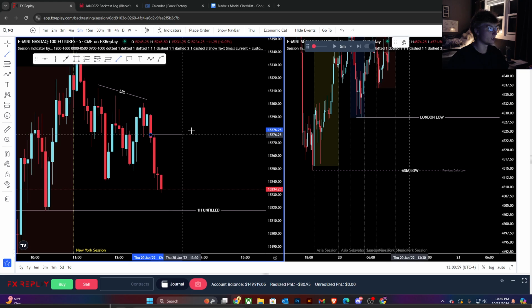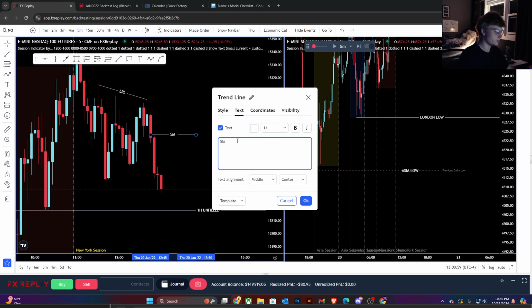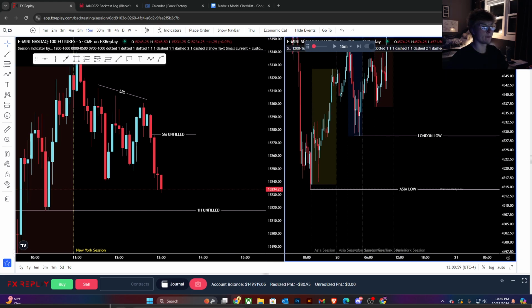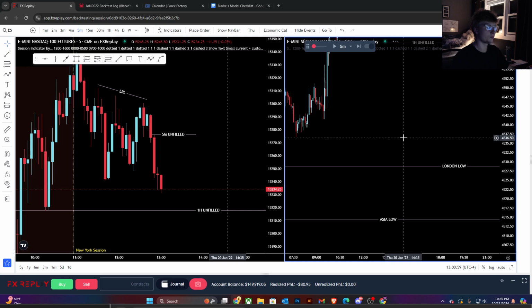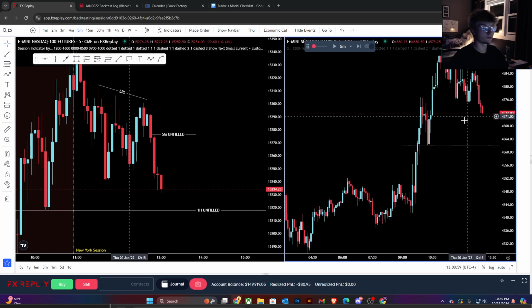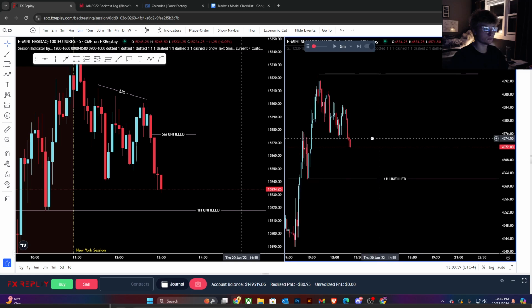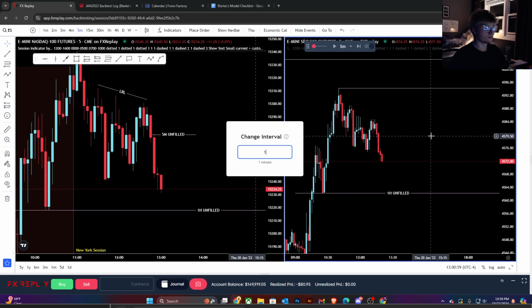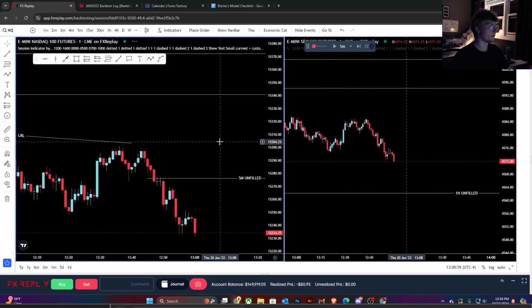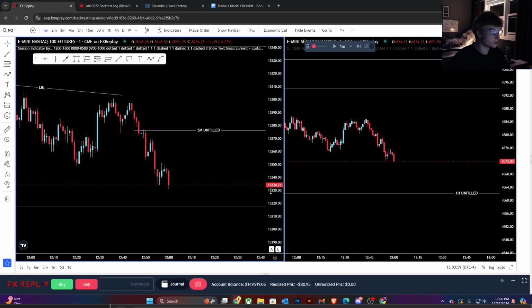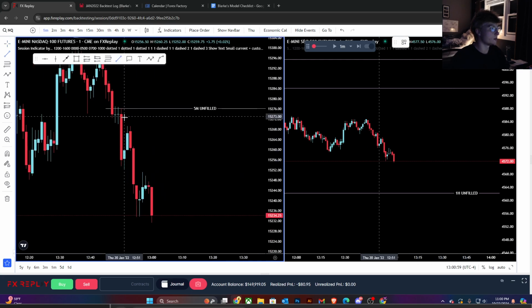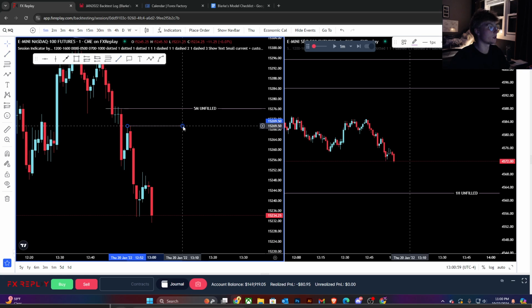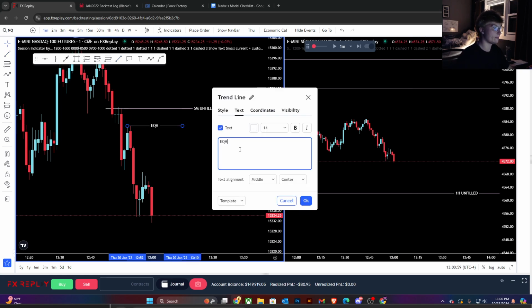So it's 5 minute untapped fair value gap. Okay, let's see how we open up. So got equal highs above. So yeah, I do like longs if we can open up lower at market open.